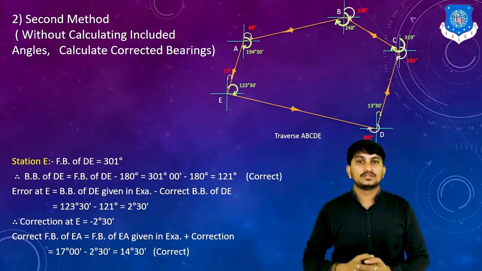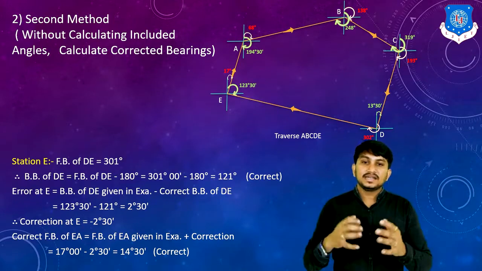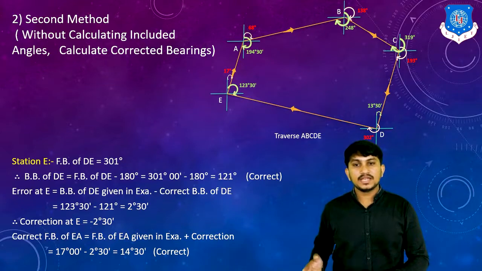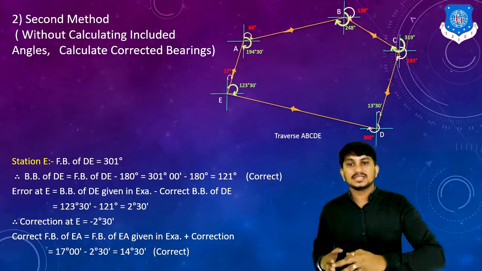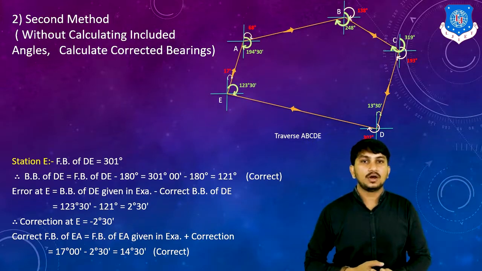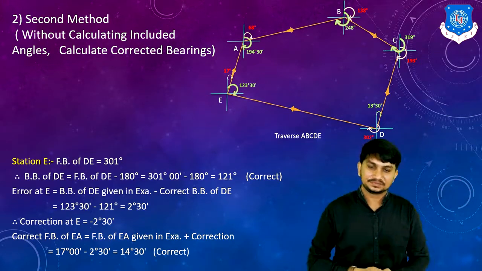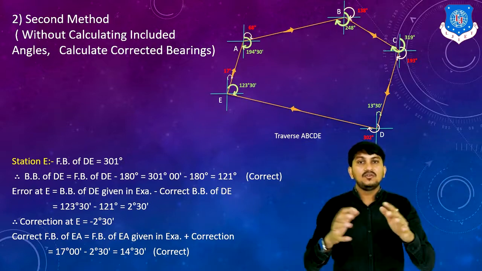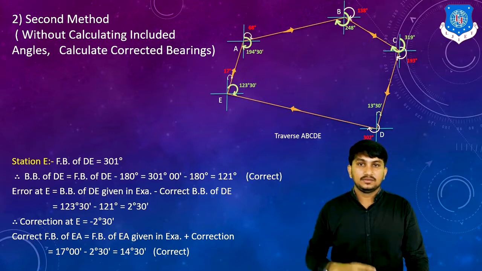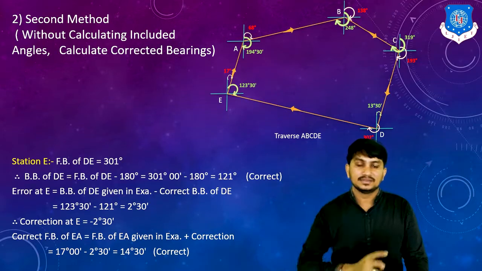In this method, you can also check these bearings by calculating BB of EA. BB of EA is equal to 14 degree 30 minute plus 180 degree, 194 degree 30 minute, which is already corrected at station A. This is how we can calculate bearings using the second method without using interior angles.